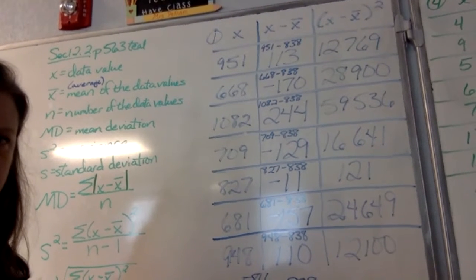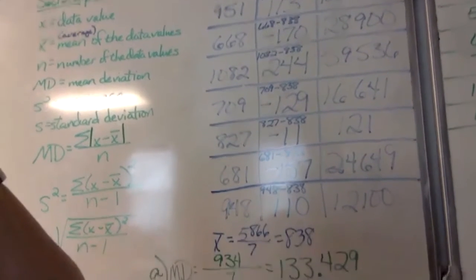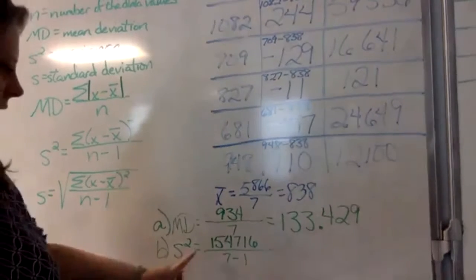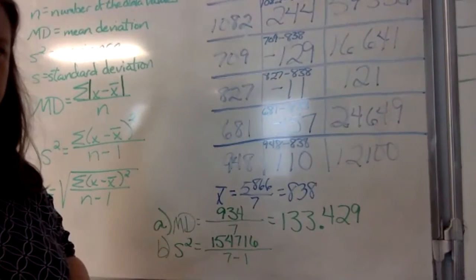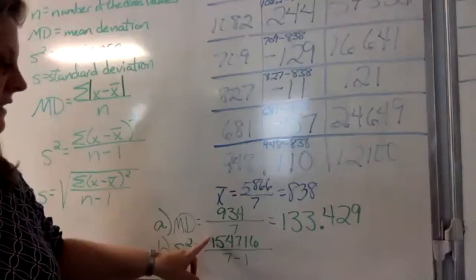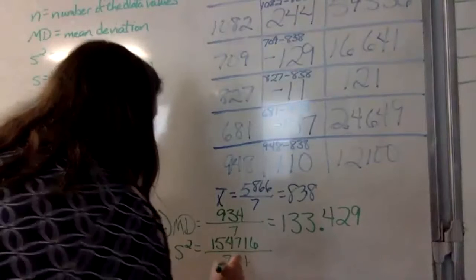Y'all getting an answer? Added them all up. I got 154,716 as my sum. Yeah, that's what I got. I have to divide that by 7 minus 1, which is just 6.